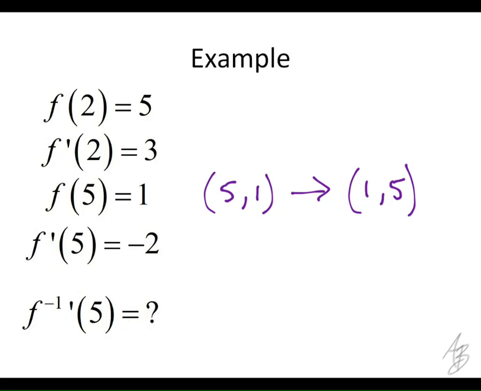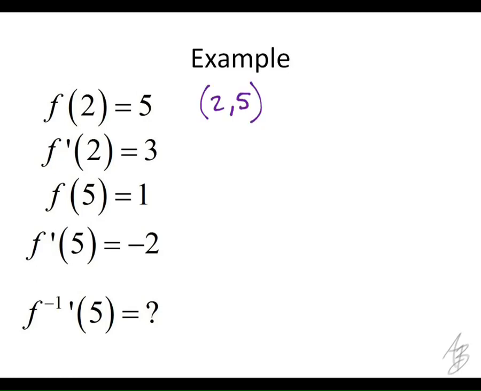So which point is going to help me with that? There's only one other point up there. This point at 2, 5 is going to have a corresponding point on the inverse at 5, 2. Now the slope of the original function at 2, 5 is what? 3.